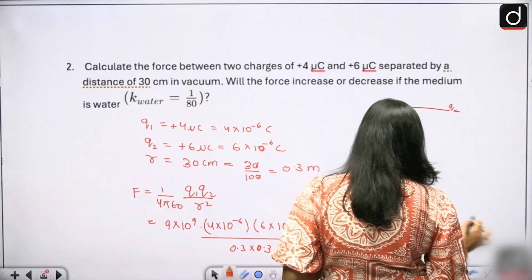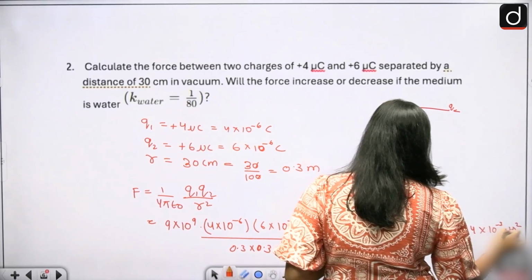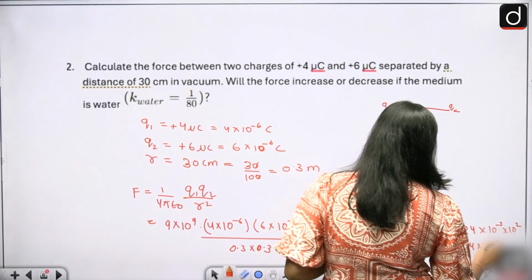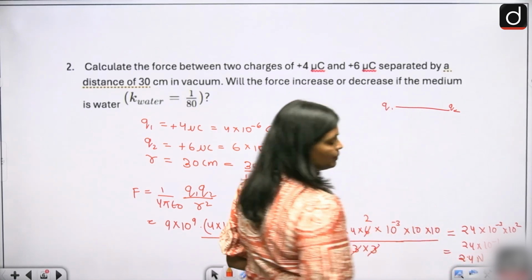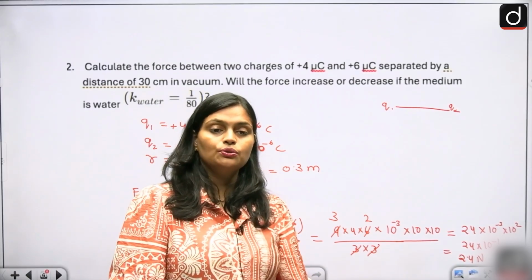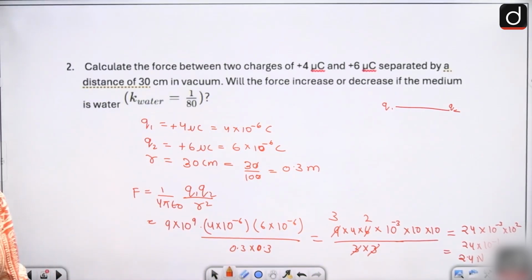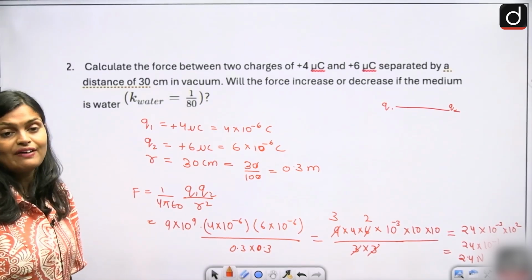So simply 10 to the power minus 3 into 10 to the power 2 is 24 into 10 to the power minus 1. So it should be 2.4 Newton. This is the force, 2.4 Newton will be the force you calculate in vacuum.